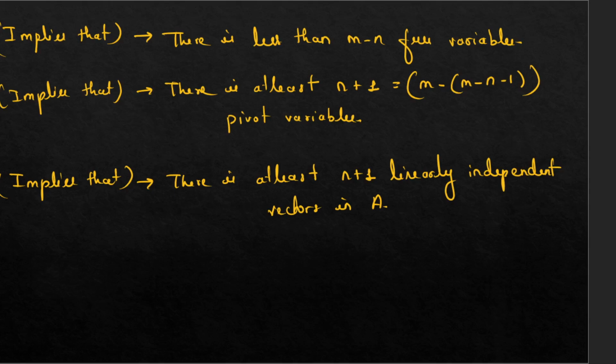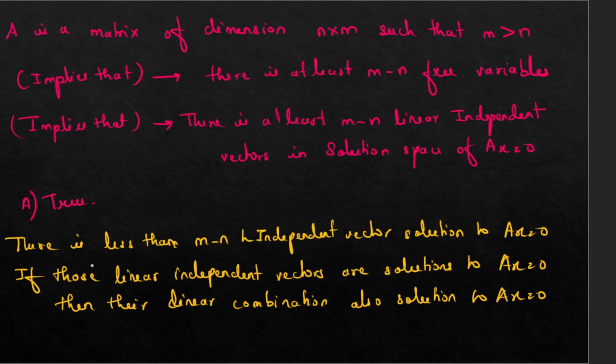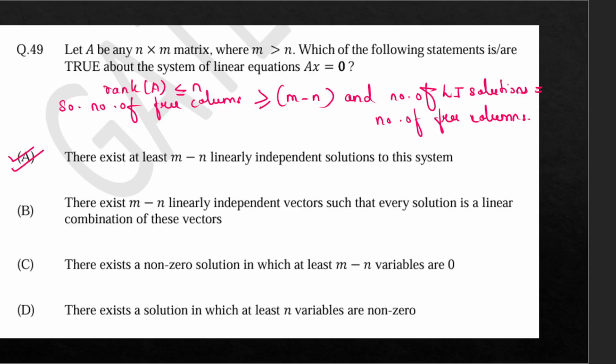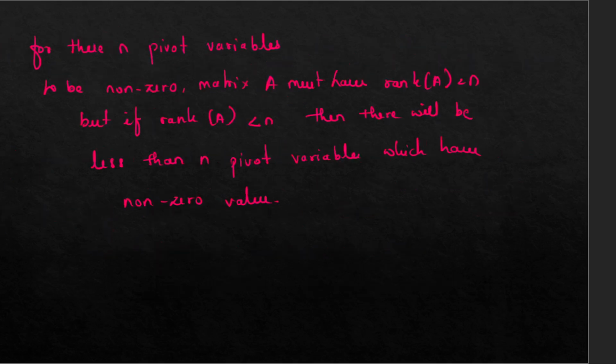Which means the assumption which we have created here, that it should be less than n minus 1, is incorrect. So if this is incorrect, then less than is not the correct one. It is at least n minus 1 that is the correct one. So from this I can say that option A is absolutely correct.